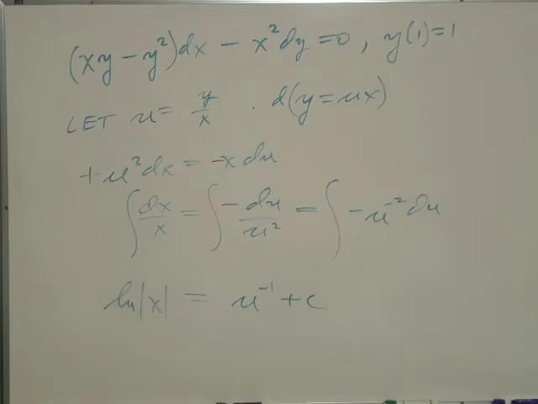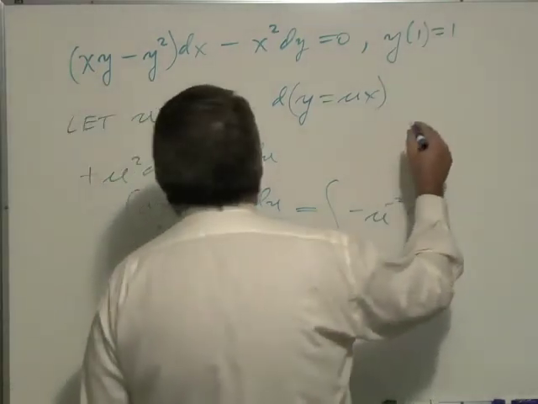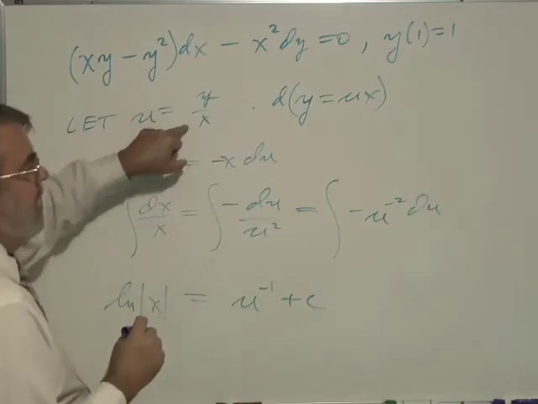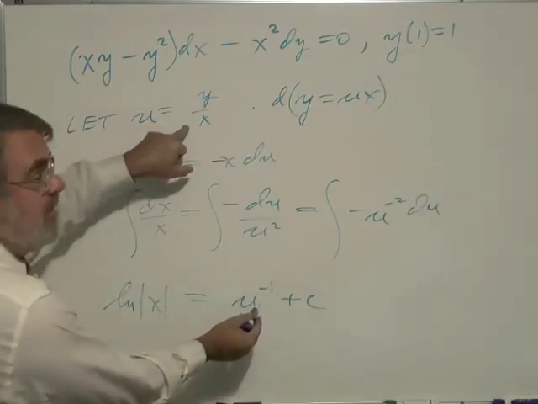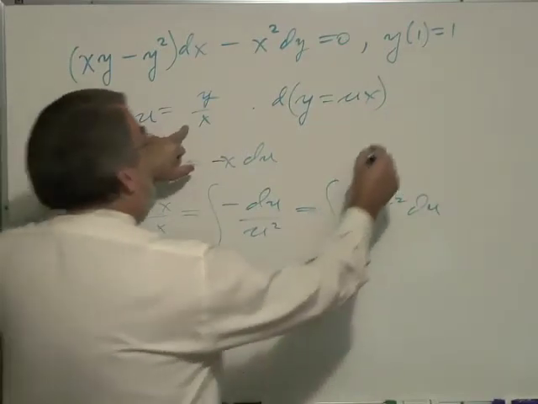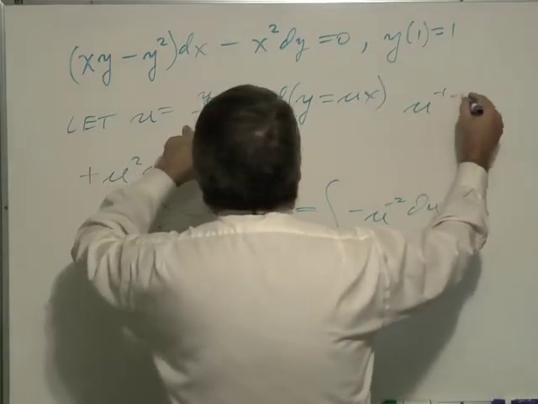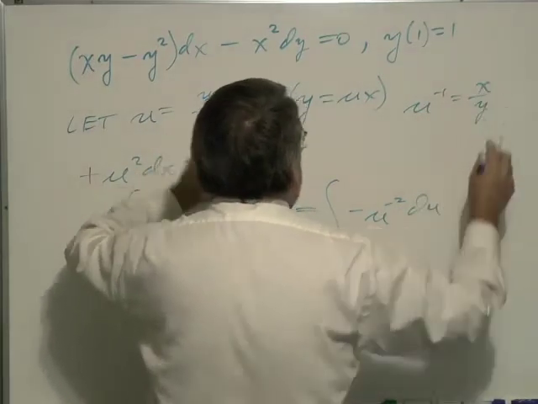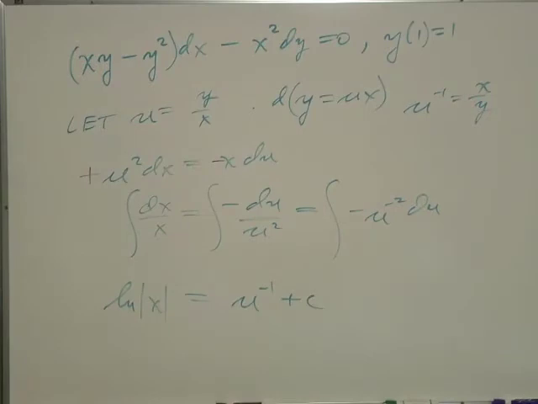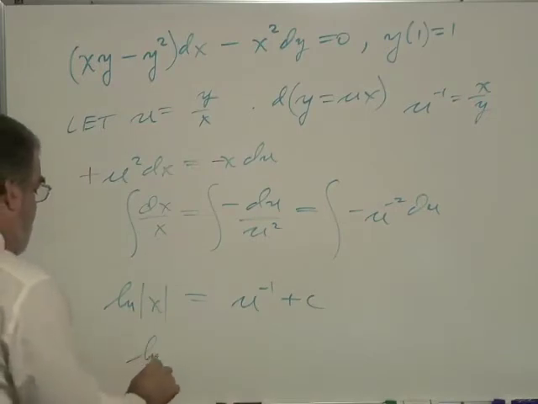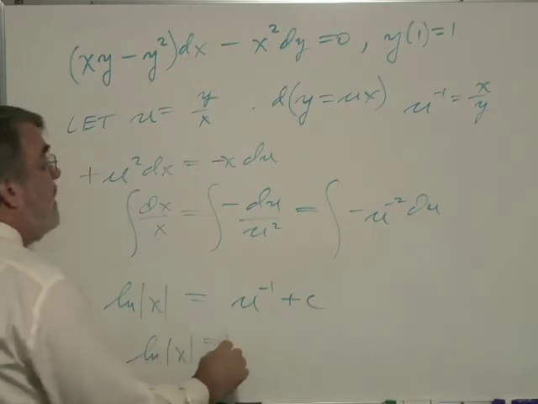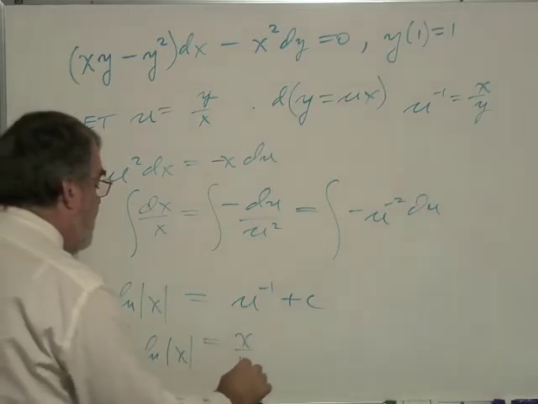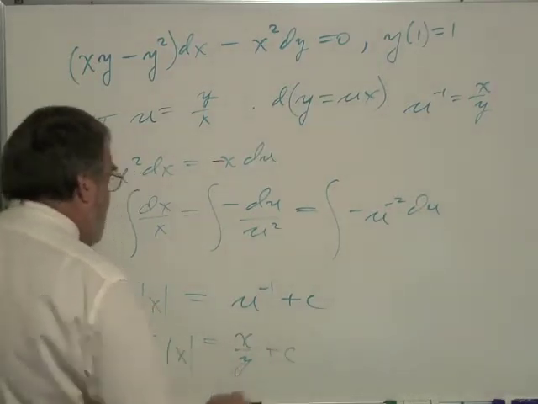And what is u to the minus 1? Since u is equal to y over x, then u to the minus 1 is going to be the reciprocal, x over y, wouldn't it? So I can replace that. I've got the natural log of the absolute value of x equals x over y plus a constant.